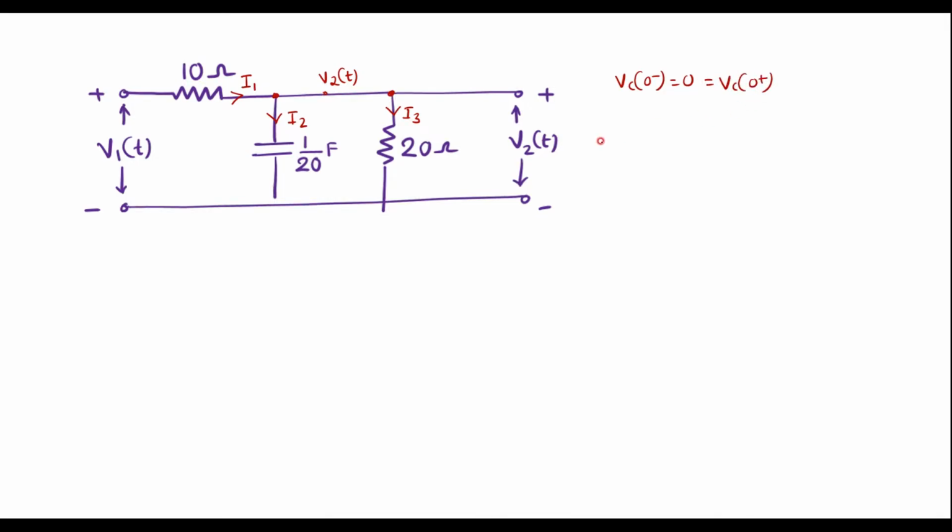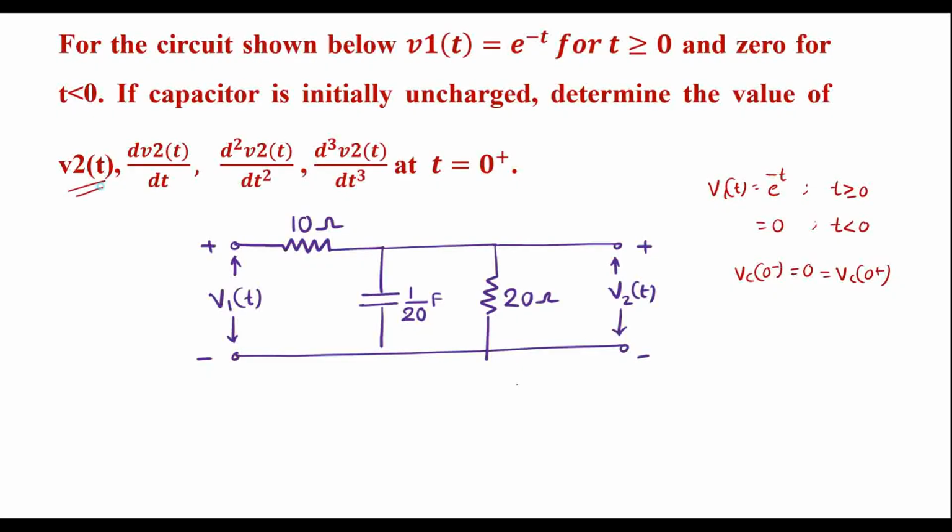That is, initially the capacitor is uncharged, as mentioned in the question itself. So there is no voltage in the circuit, and the capacitor is short circuited. It means V2 of 0 plus is also equal to 0. So at the beginning, V2 of 0 plus is 0.